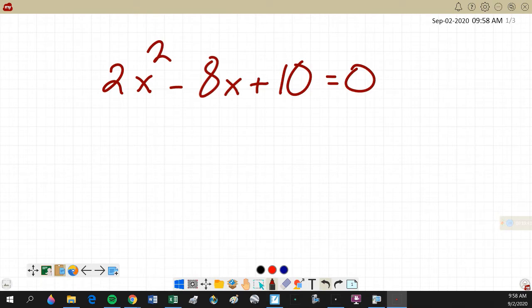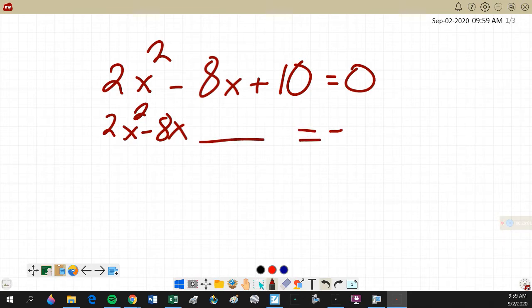So we have to make it a 1. Now, this is going to be kind of complicated, so pay attention, ask questions if you get confused. First off, I've got to get the 10 out of the way. So 2x squared minus 8x, leave a space, equals -10.